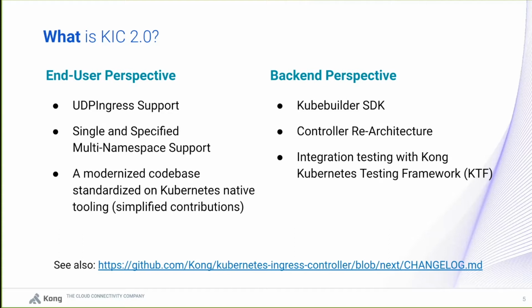From the backend perspective, I should probably talk a little bit more about the modernization. An important piece of historical context is that the Kubernetes Ingress Controller was originally forked from a controller, I want to say three years ago, something like that, and uses client-go. For those of you who aren't super familiar, client-go is the native Kubernetes API client for Golang, and it is one of the ways in which you can build a controller.